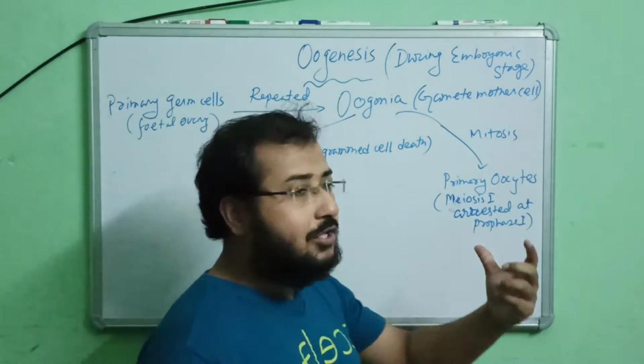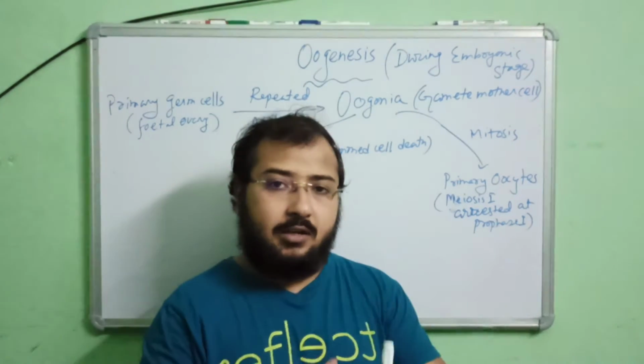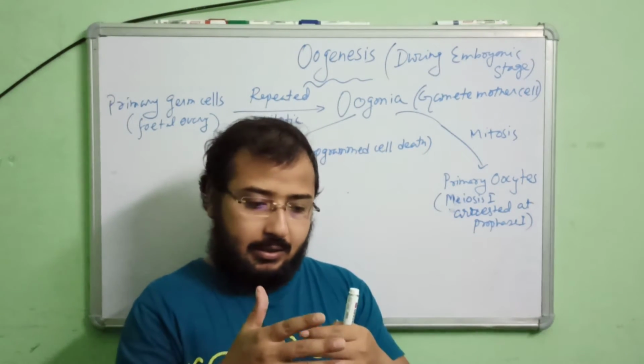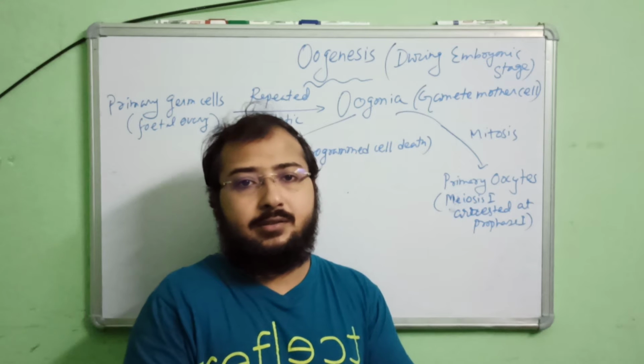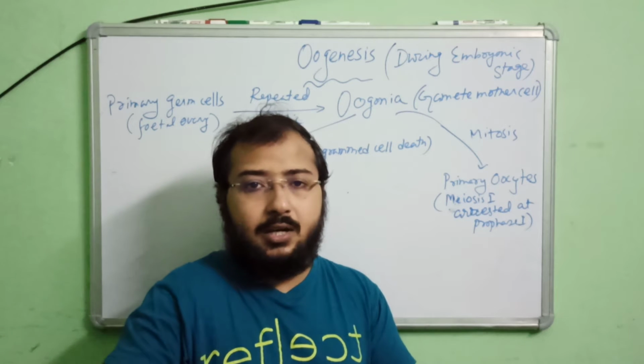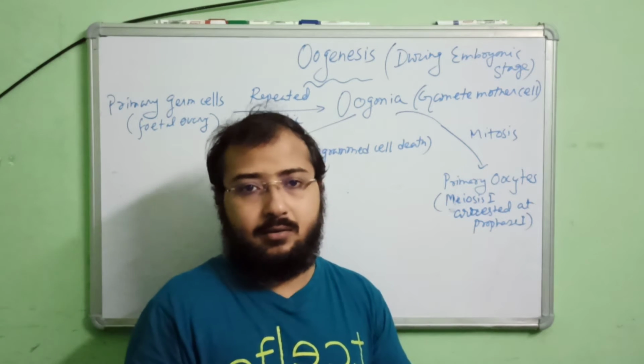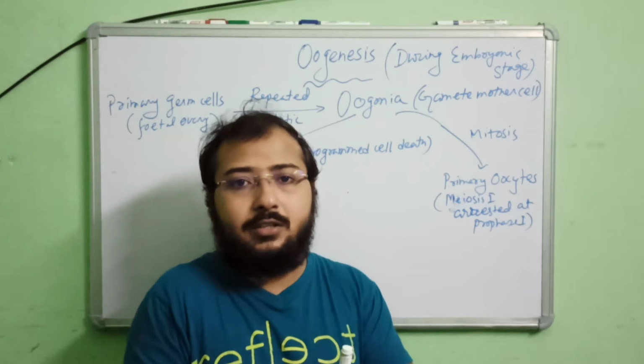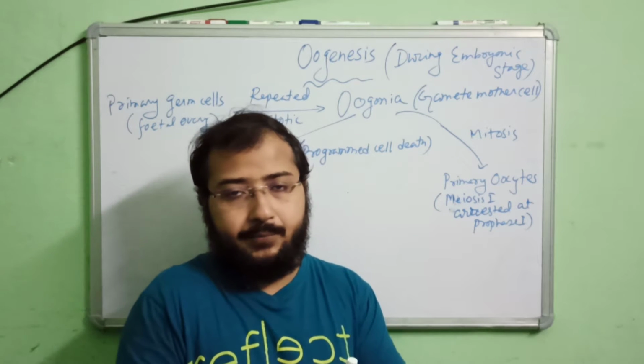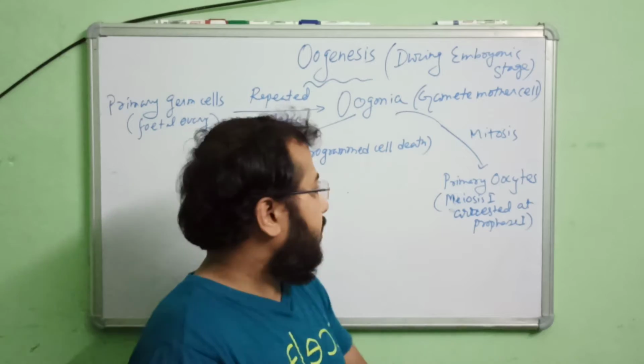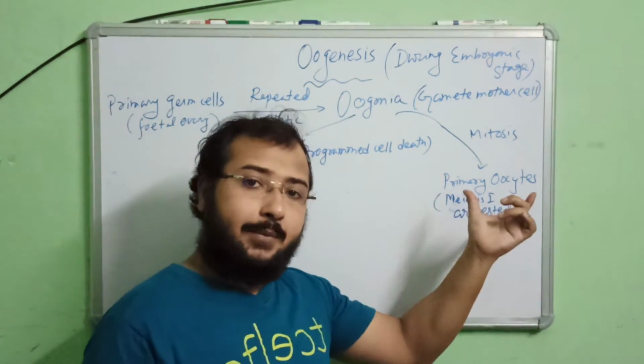Now, arrested means for some time it is locked there in the phase. It's not moving. For some time it is locked there in prophase 1. So this is about the primary oocyte.